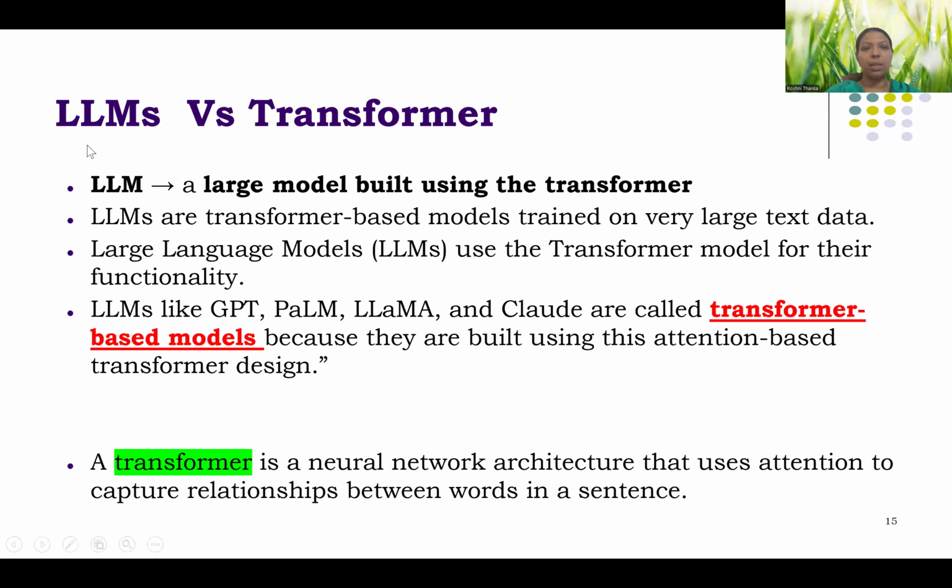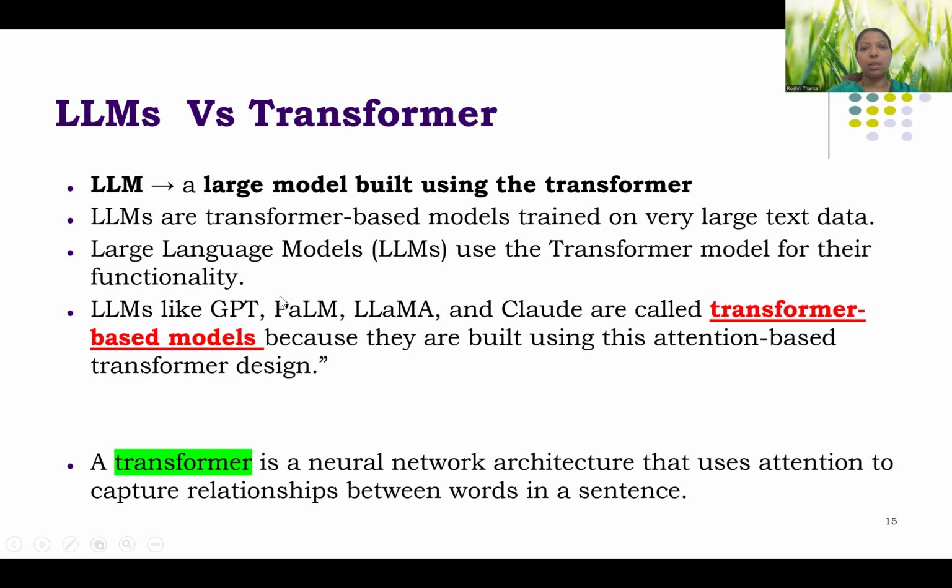So now let us compare this LLM with the transformer. We already know an LLM is a large model built using the transformer. The transformer is not only for LLMs, that is, for text to text. It is available for all other kinds of generation like audio, video, music, code, anything.